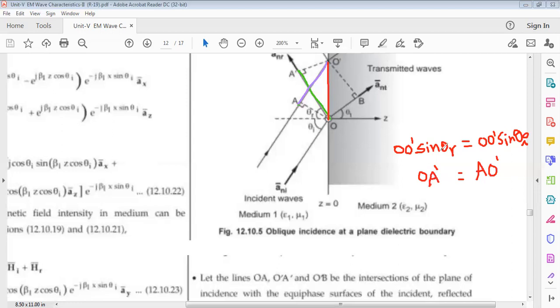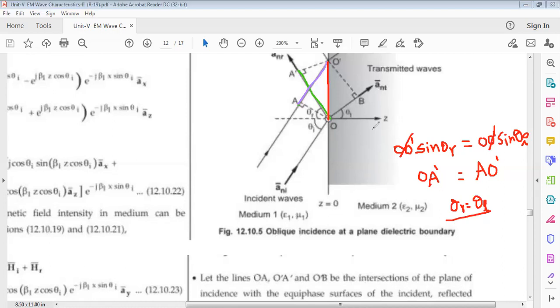Then we can say O dash is the same, and sine theta I and sine theta R are equal, so theta R is equal to theta I. Means the angles are the same. That is in medium one. Okay.